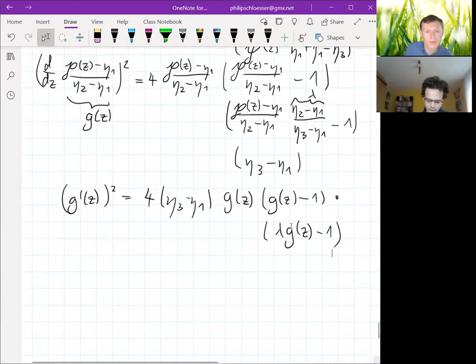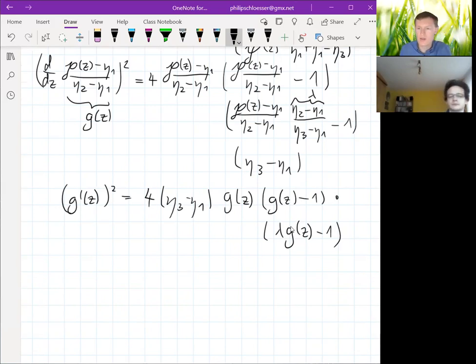And I guess this is a different normal form. This is called Legendre normal form, where instead of your zeros being eta 1, eta 2, and eta 3, the zeros are just 0, 1, and 1 over lambda. But it's just some rescaling, and some affine transformations, of course.